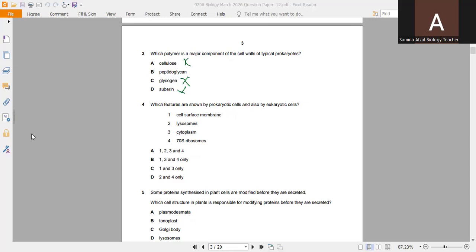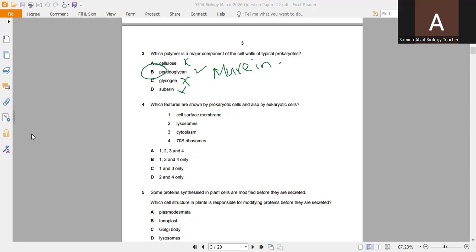The only correct option left is peptidoglycan. Typical prokaryotes have cell walls made up of peptidoglycan, also known as murein. So B is the correct option.